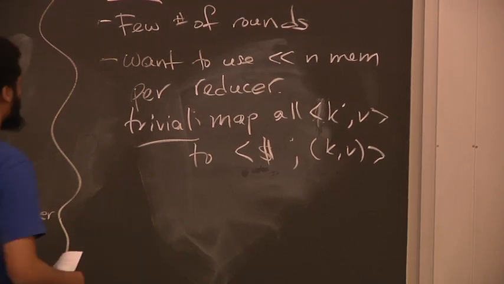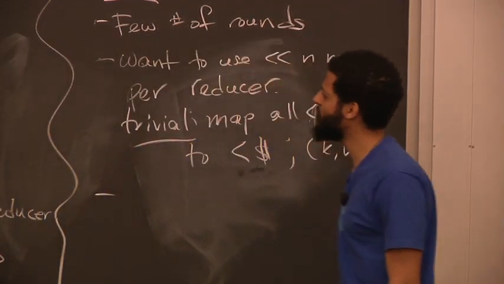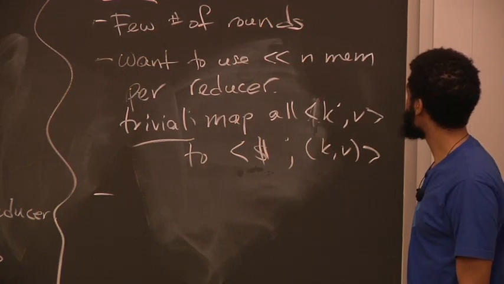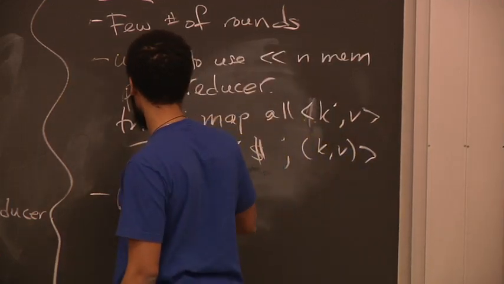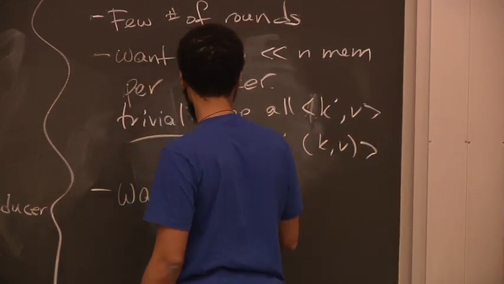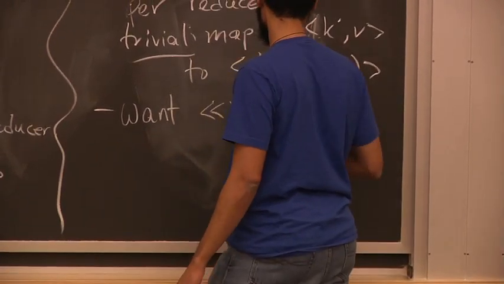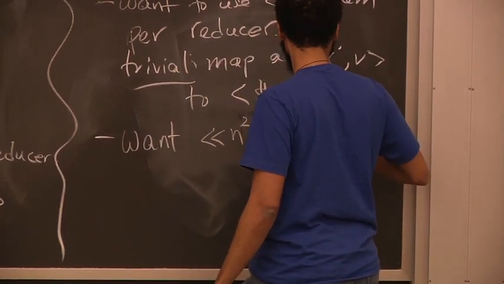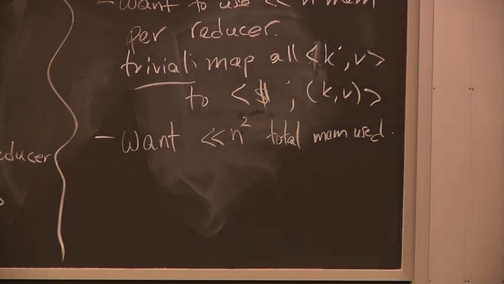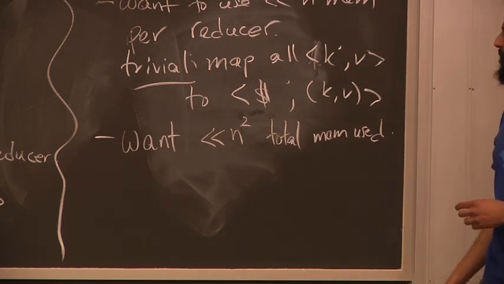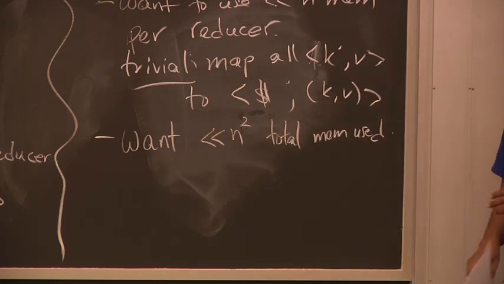Another thing we'll shoot for is much less than n squared total memory used. A related thing I could do is send all n data items to n machines, and then have each machine do something locally with one item.